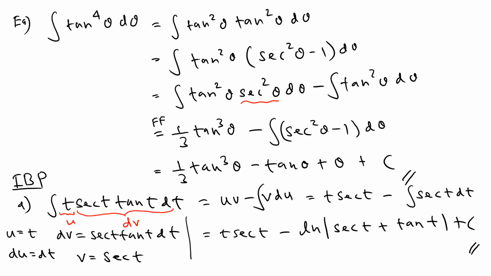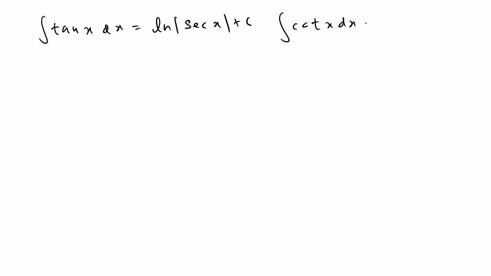Okay, so that's it. Now I'm going to give you 3 other formulas that you want to remember. So we have the integral of tan x dx, which is the natural log of secant x, which we proved, plus c. Then we have the integral of cotangent x dx, which is natural log of sine x plus c.